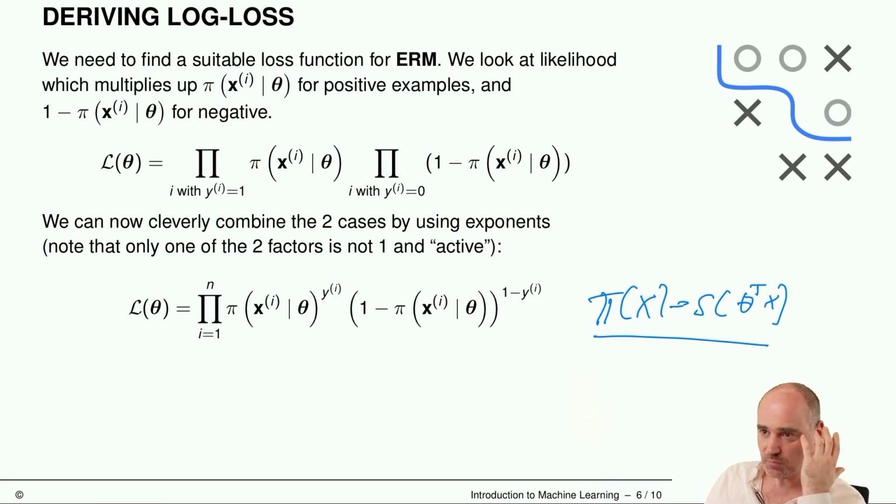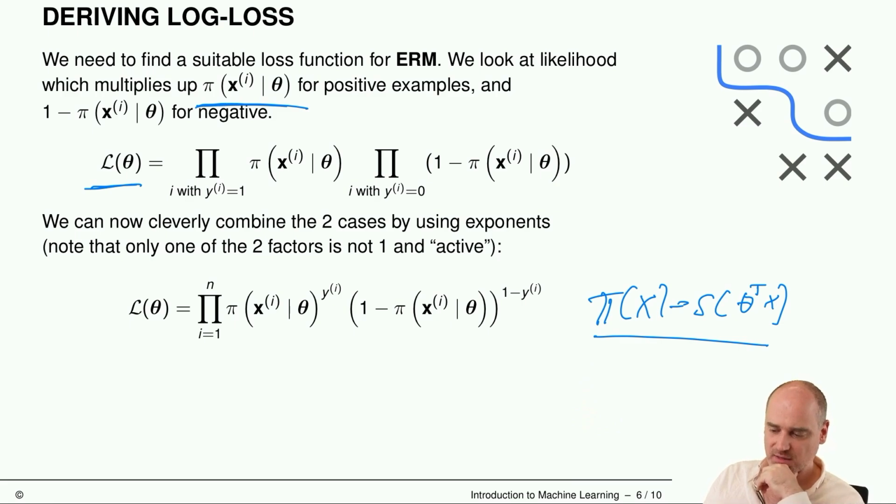So what we want to do is start with a maximum likelihood principle. We look at the likelihood of our model based on our parameter vector theta, and that likelihood simply multiplies up terms across the whole training data set.